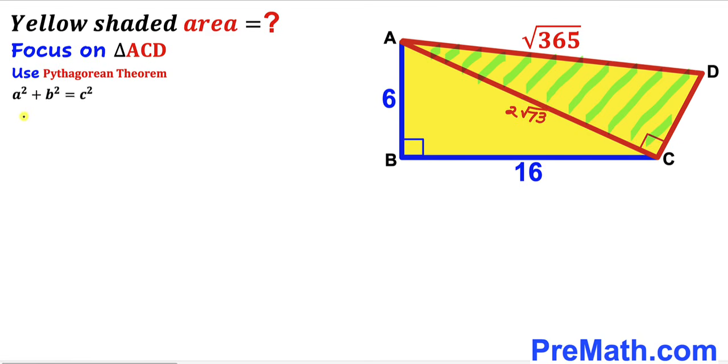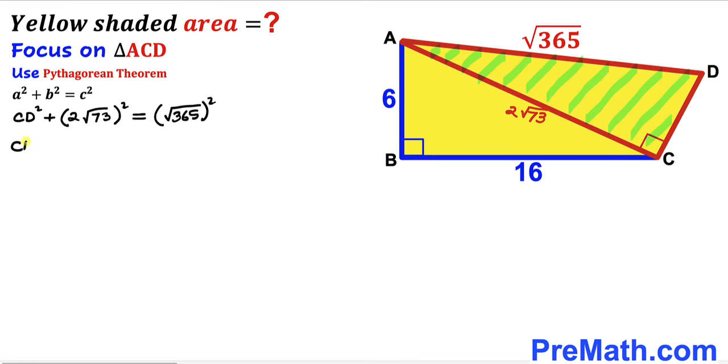Let's fill in the blanks: CD square plus 2 times square root of 73 whole square equals the square of the hypotenuse, 365. Let's simplify furthermore.